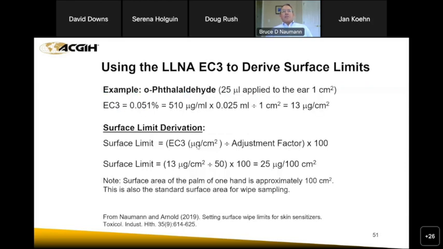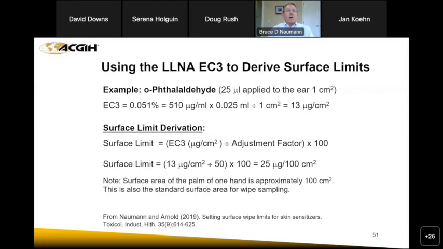But the calculation is very straightforward. You start out with the concentration of 0.051 for orthophthalaldehyde in this case. You go through and do the calculation. It's 25 microliters applied to the ear, which is about 1 square centimeter. So the EC3 for orthophthalaldehyde was 13 micrograms per square centimeter.